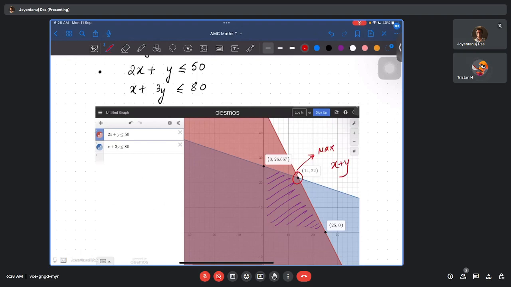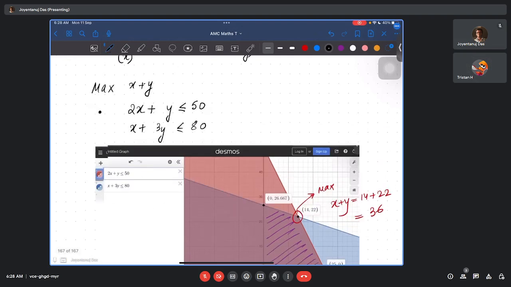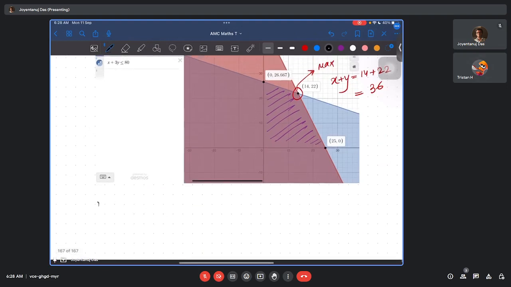The maximum of x plus y is 14 plus 22, which is 36, right? Yes. Of course it will satisfy the inequalities also. So that is part A: the largest total miles is 36.